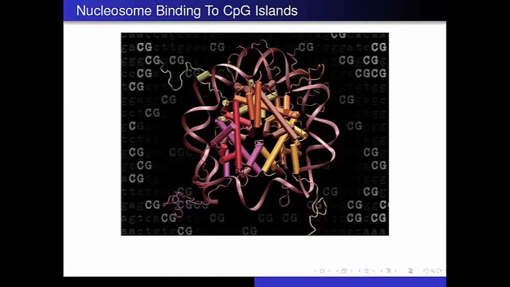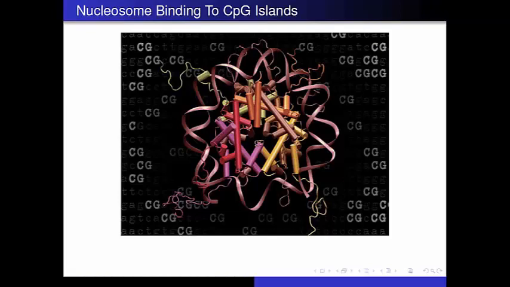Basically, the job of nucleosomes is to, at the lowest level of structure, pack the DNA in a cellular nucleus into convenient structures, both for the purposes of structural packing and also for the purpose of regulation.